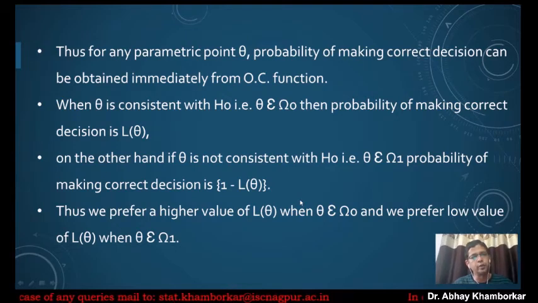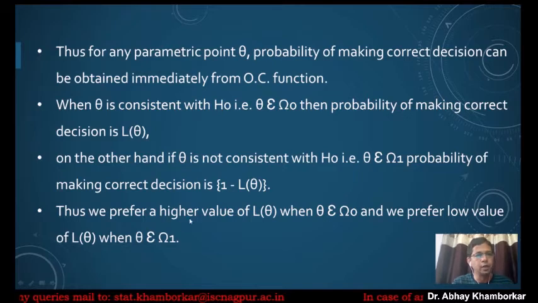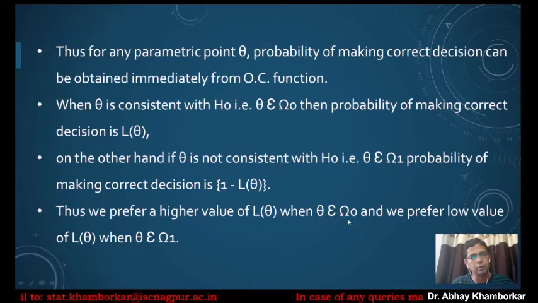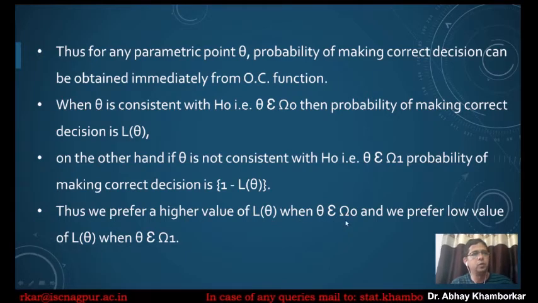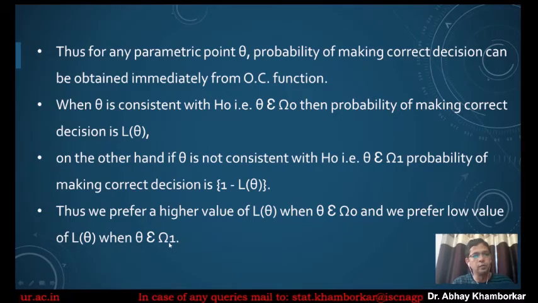If the probability of making correct decision is high, and therefore we prefer higher values of L theta when your null hypothesis, that is theta belongs to omega naught, is true. That means we prefer a higher value of L of theta when theta belongs to omega naught, whereas when theta belongs to omega 1, we prefer low value of L theta.